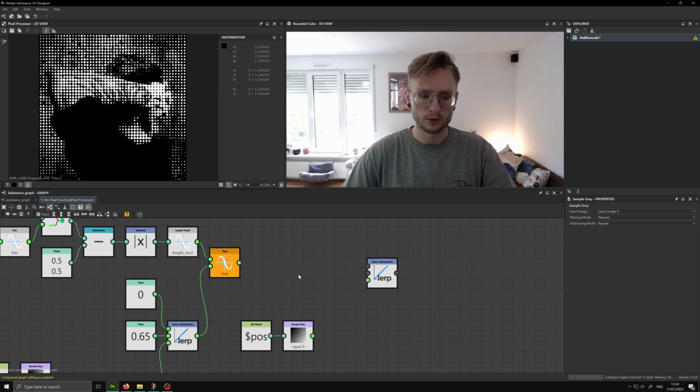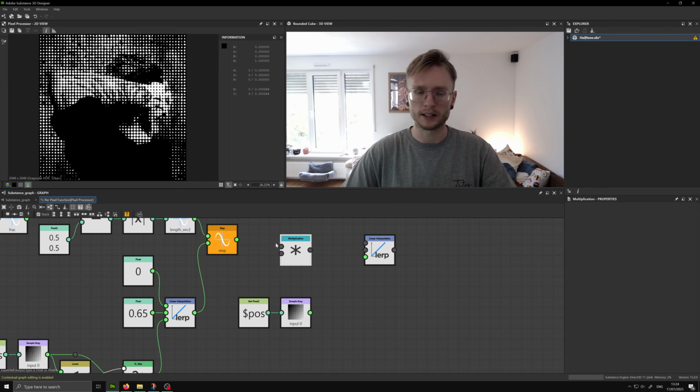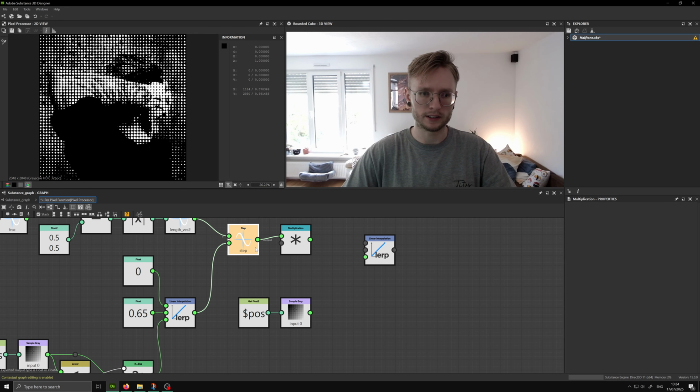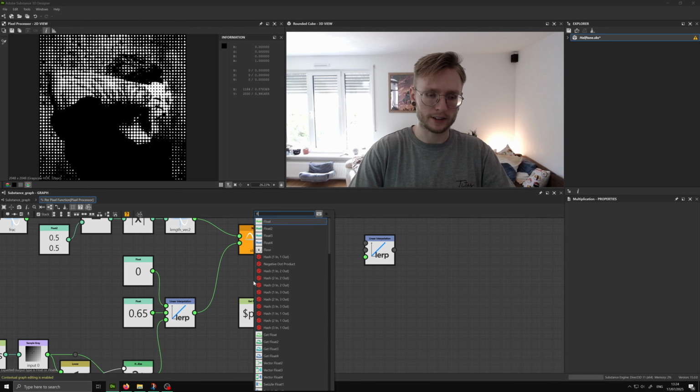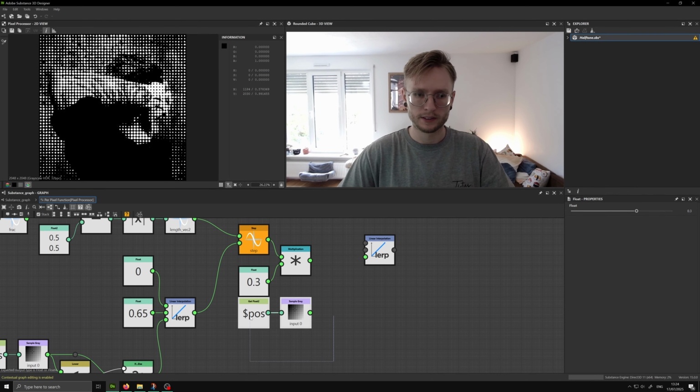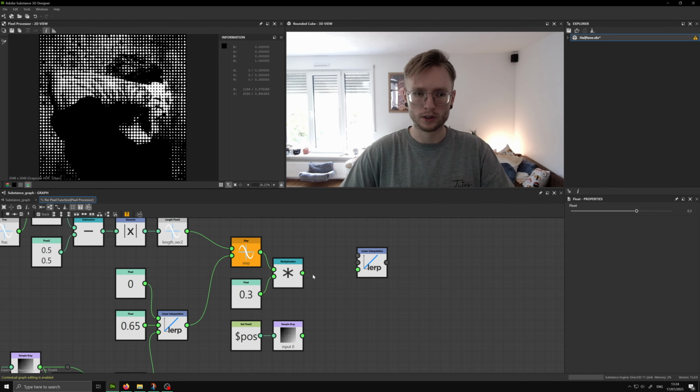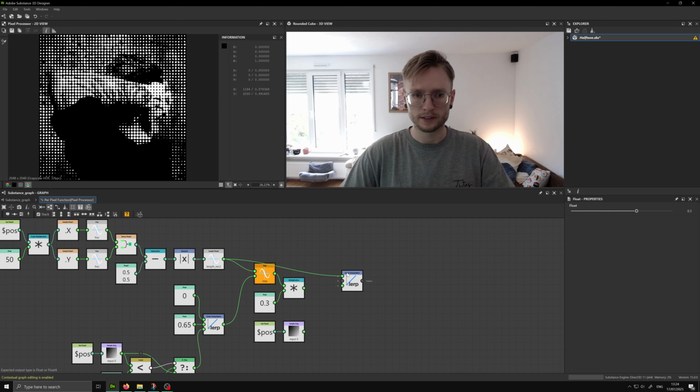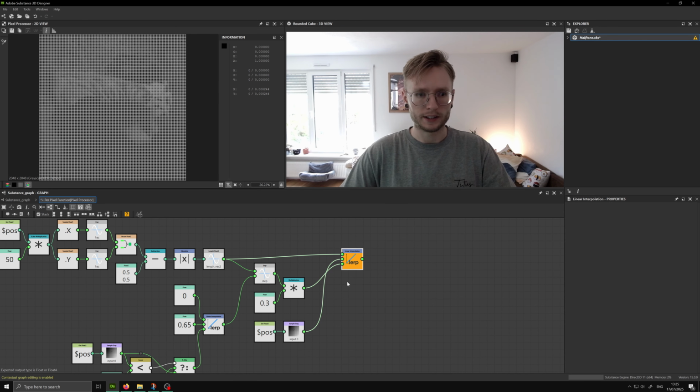What we're going to do now is multiply our final input with a different scalar, like that. Then we're going to lerp between the stepped image that we have here and our actual input image, based on this factor here.